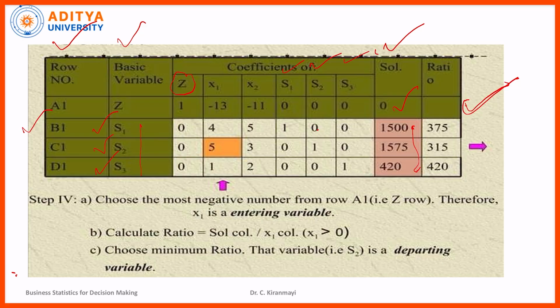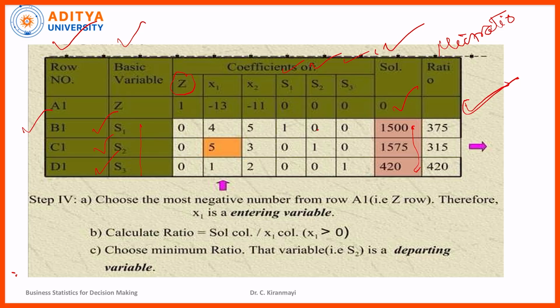So, this is how we have to set up the starting table, and the last column is called the minimum ratio column.